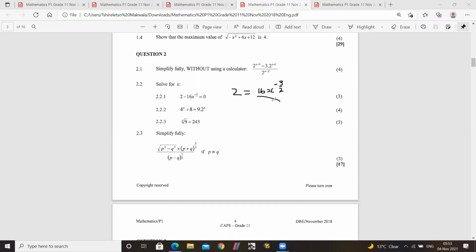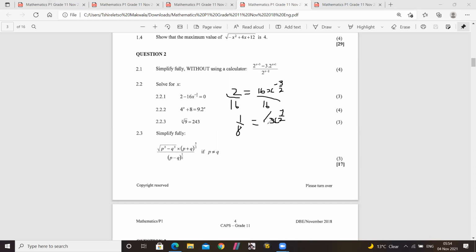Then divide both sides by 16. So it's going to be 1 over 8 is equal to x to the power of negative 3 over 2.